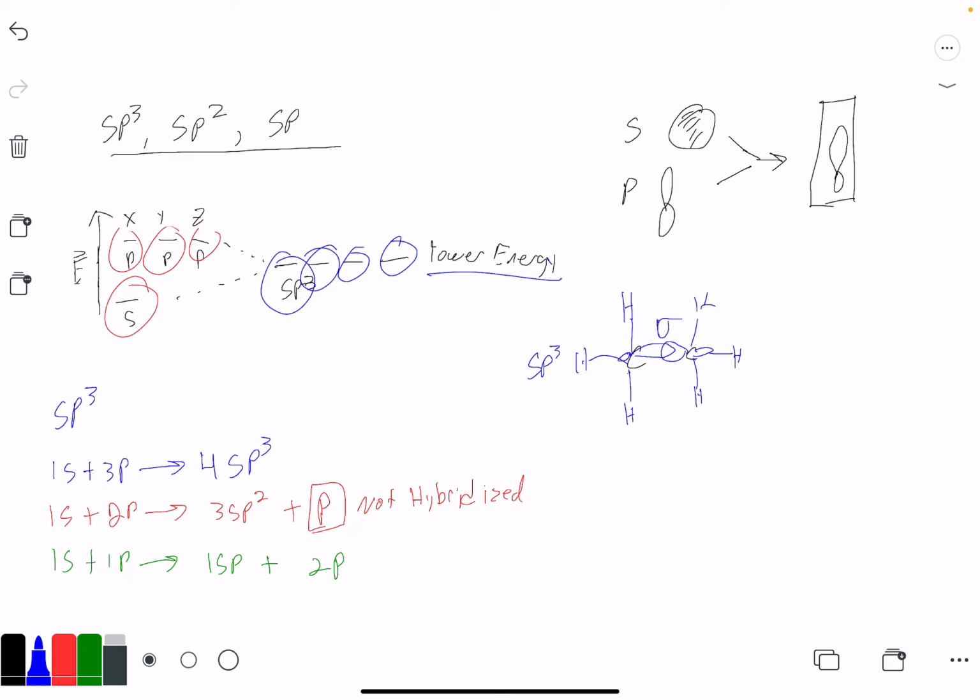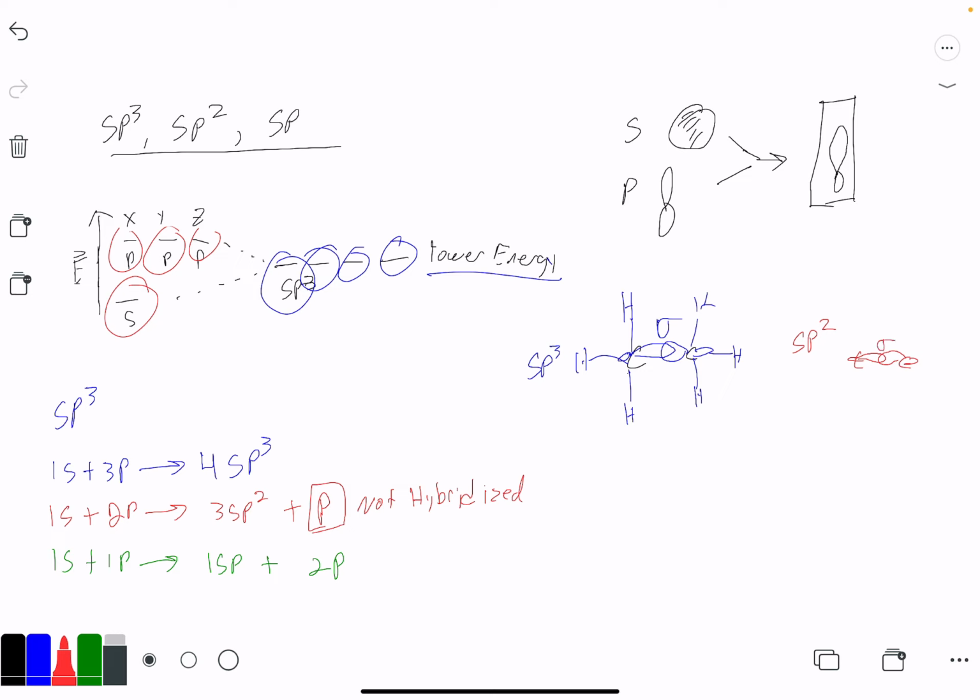Now, for sp2, very similar. Again, we have carbon to carbon. You have that big lobe and then that little lobe, the big one and then the little one. So this is your sigma bond.